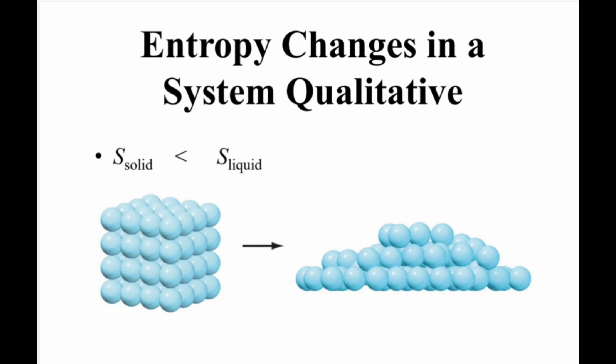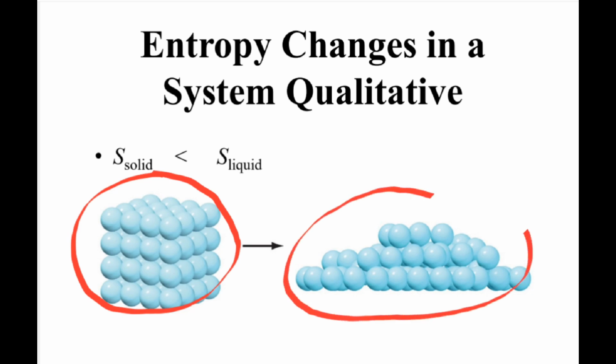It is because particles in solid state are more ordered, and the particles are very close to each other. If you compare this to a system in a liquid, the particles are far apart from each other, therefore the particles are not orderly arranged.